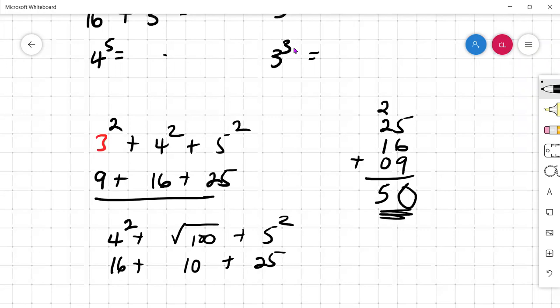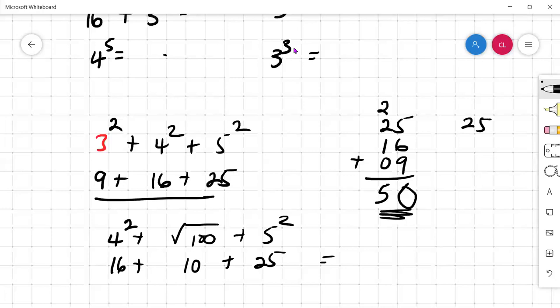So let's add this together now and what do we get? 51. Very good. So this is the answer that I had in mind, the 51.